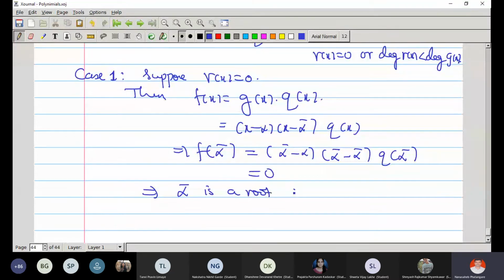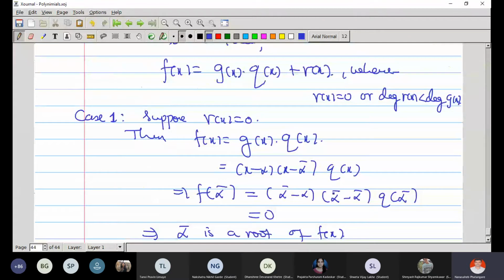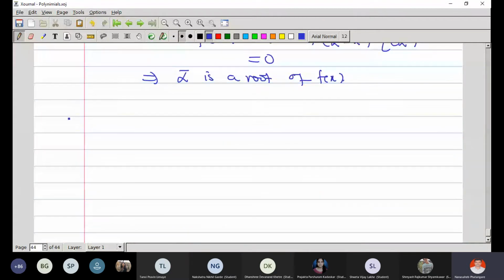If r(x) is not 0, second case, then what is the possibility? If we divide f(x) by g(x), there is a quotient and there exists a remainder.